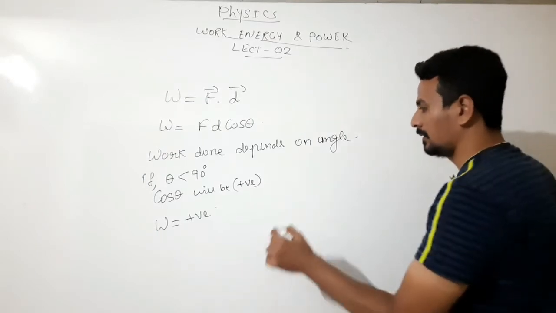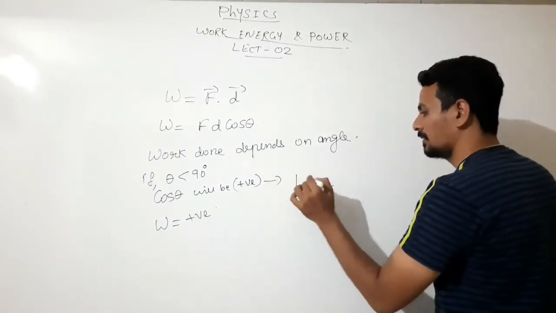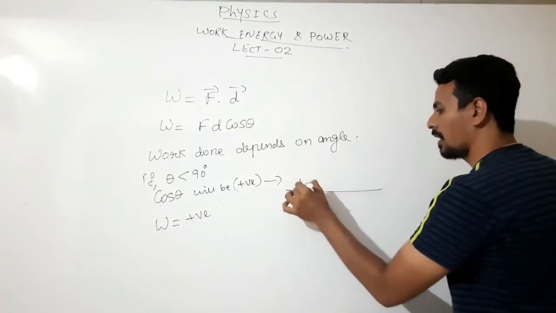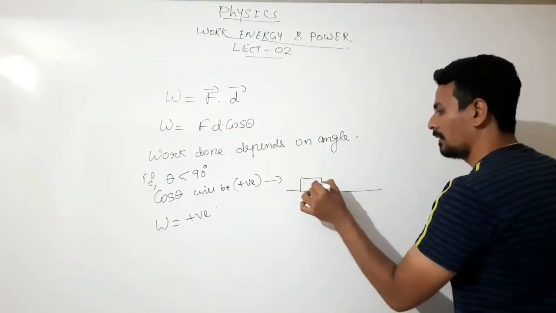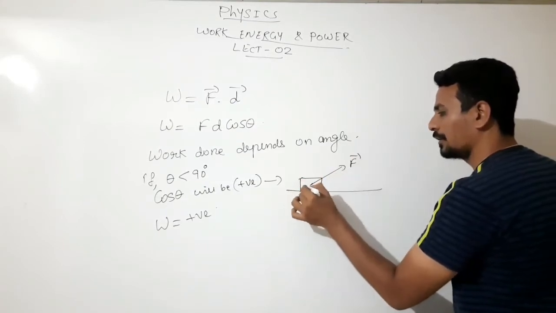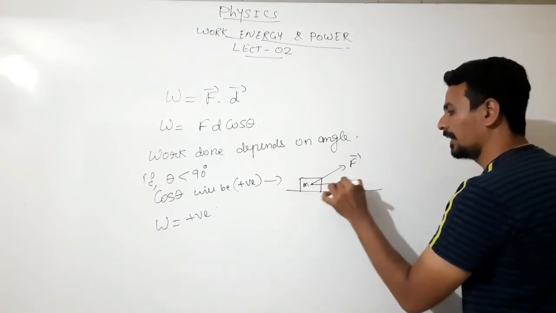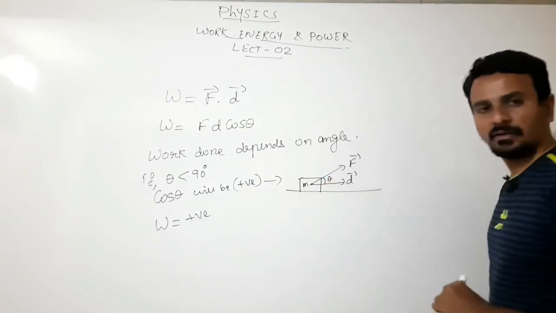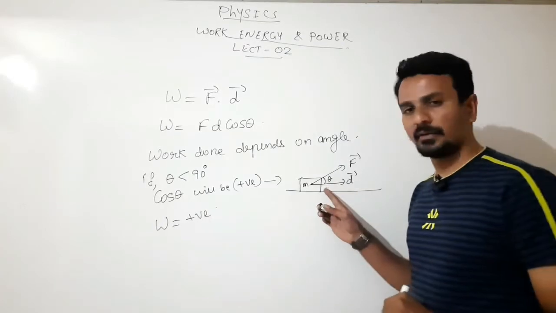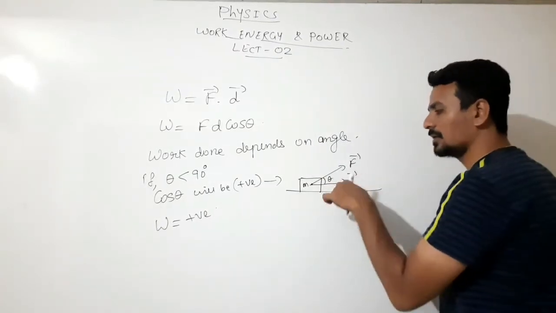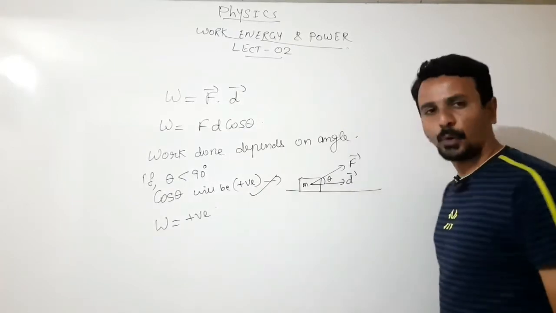Suppose force F is applied to a block of mass m lying on a surface, and this is the displacement. So the angle between F and D is theta. Definitely theta is less than 90, so in this case, work done on the block will be considered positive.